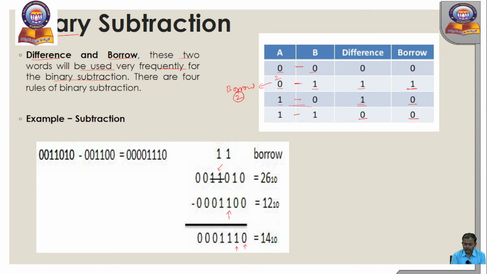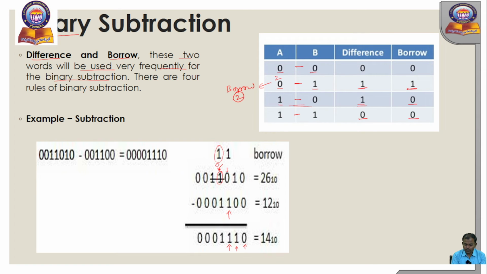So I bring a borrow of 2, that is 2 minus 1, so I get 1, and in this case the difference becomes 1 and the borrow is also 1. Now I have taken the borrow from this position and this value becomes 0.